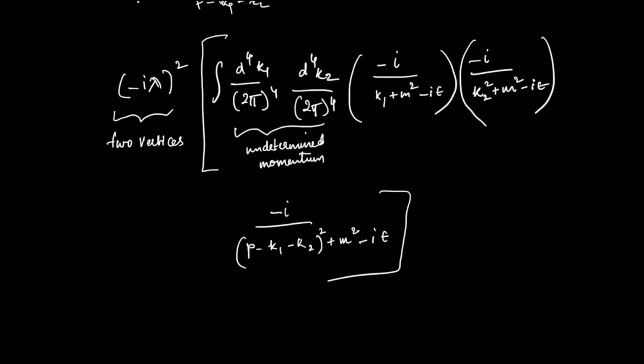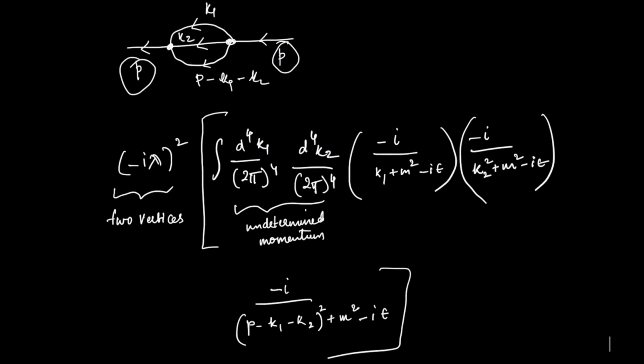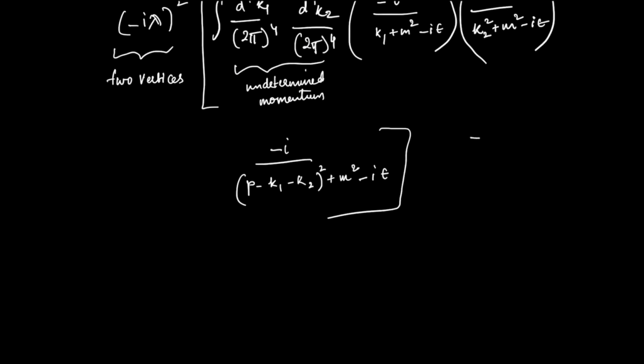Okay, now there are two external factors, right? There are two external factors which I have to write minus I by p square plus m square minus I epsilon. So there are two such things, therefore I write square.